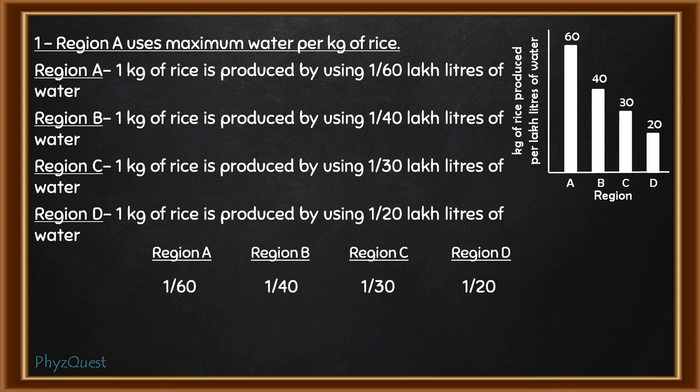Now if you see these numbers, out of all these numbers, 1 by 20 is the highest.